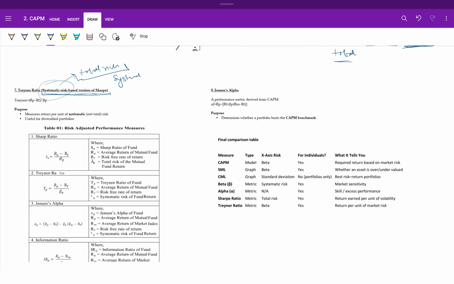So when they are representing total risk, they talk about the standard deviation of the whole portfolio. But here it's not about total risk; it's only about the systematic risk. So for the Treynor ratio, we take the return from the portfolio, subtract the risk-free rate, and divide by the beta of the portfolio.